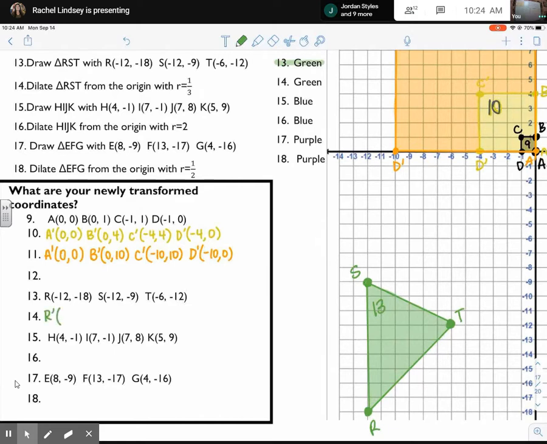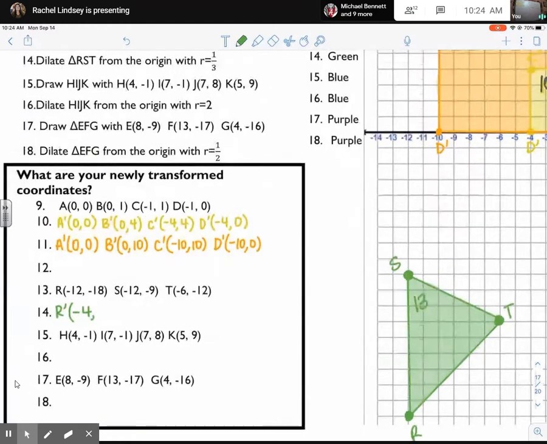So what's -12 divided by 3? -4. And then -18 divided by 3, -6.